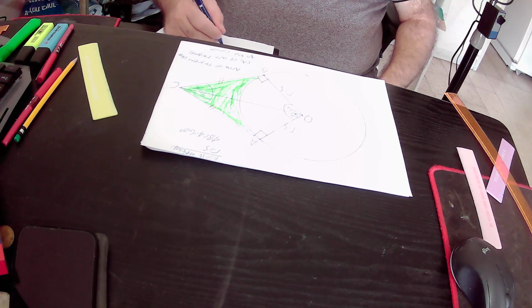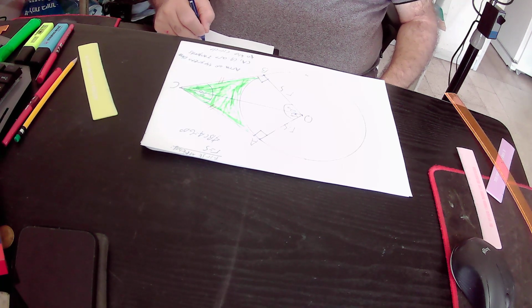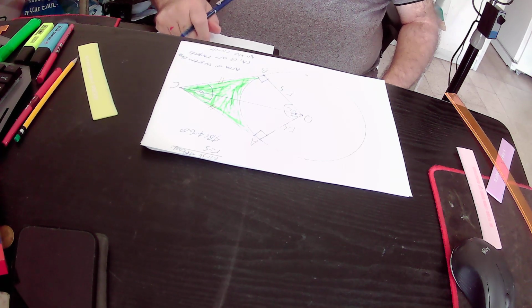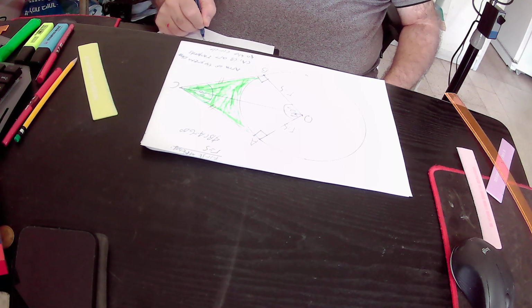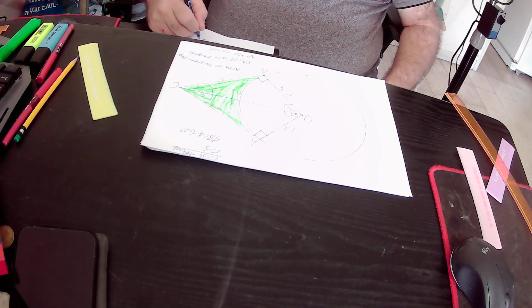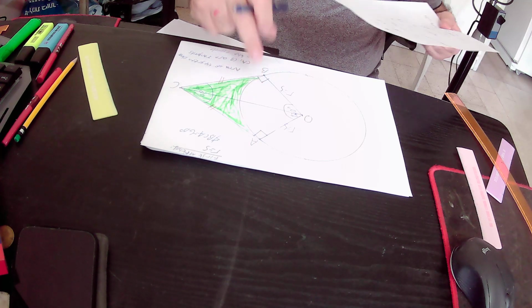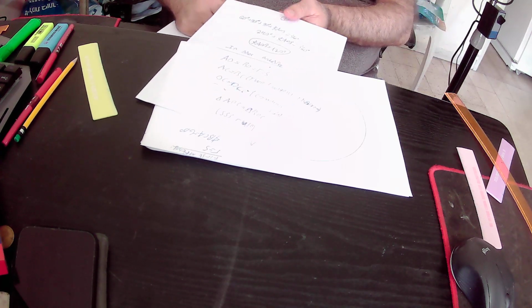Triangle AOC can go into triangle BOC according to the side rule.